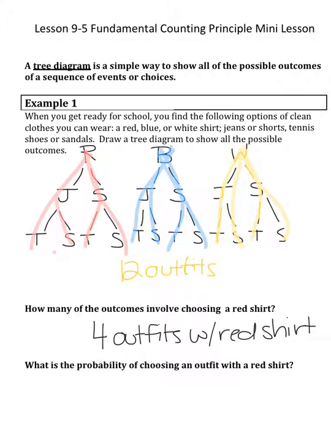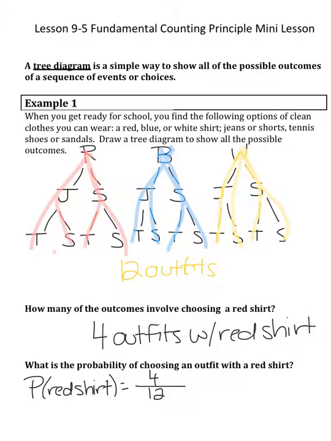What is the probability of choosing an outfit with a red shirt? Remember, with probability, we can set it up with this probability notation here. And to find the probability, you're going to divide how many outfits have what you want, a red shirt, 4, by the total number of outfits that could be created, 12.